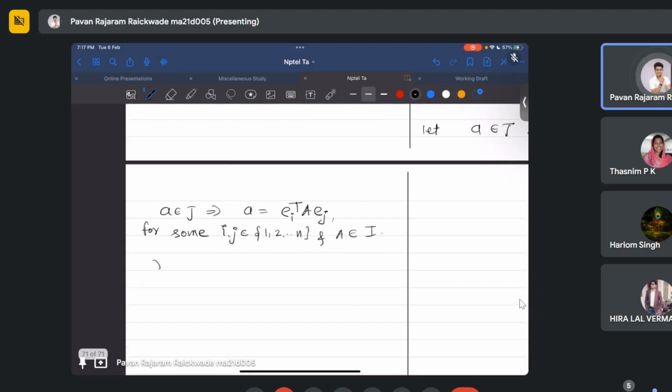Now if you do ra, how can I get ra by multiplying something to A? This is the thing. Now consider the matrix E.